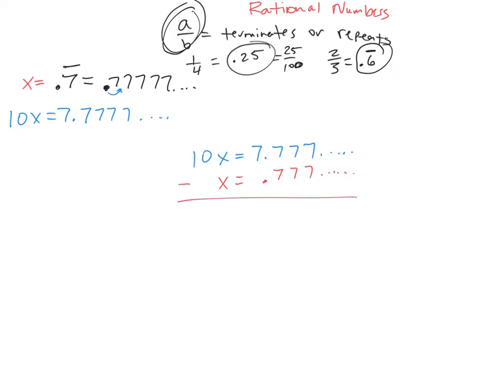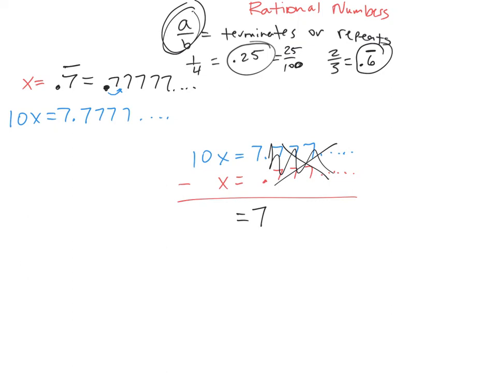We have the 0.777 parts. No matter how many there are, minus that thing, those go away, okay? And on the right, we are left with just 7, because all this over here to the right is gone. We just subtracted it, we put it over top of each other. 7 minus 7 is 0, and it goes on forever. And I'm left with just 7.